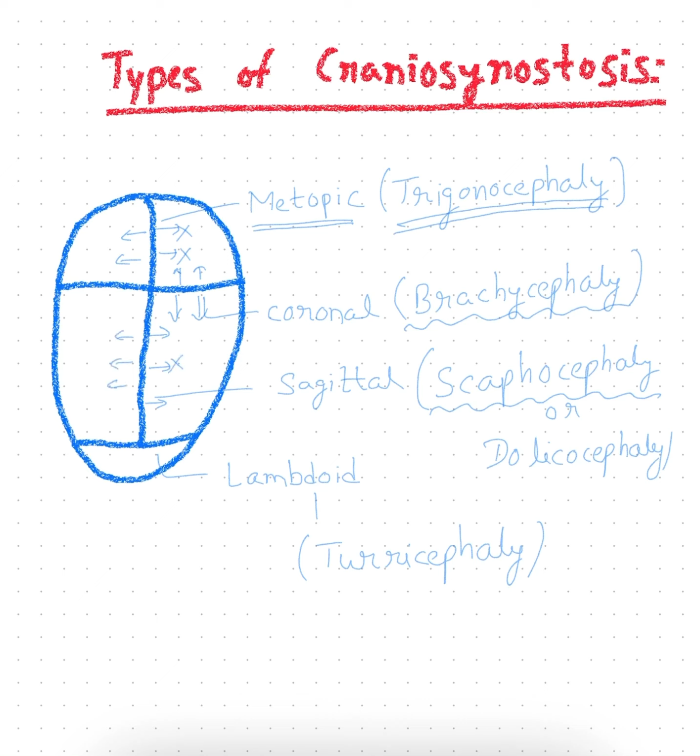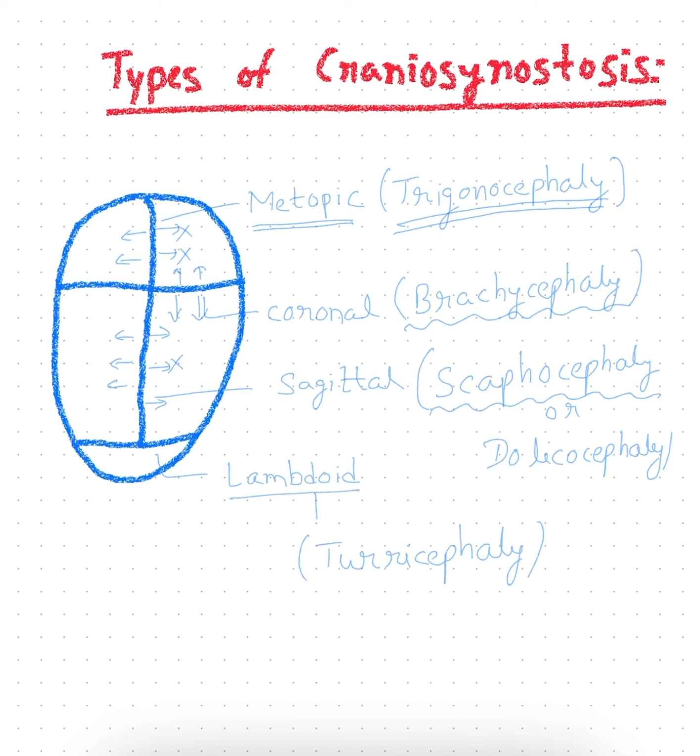It will lead to an elevated skull which gives an upside-down boat appearance. The head is longer and narrower. There is no mental retardation in these patients and they have normal IQ. It is associated with Marfan syndrome.